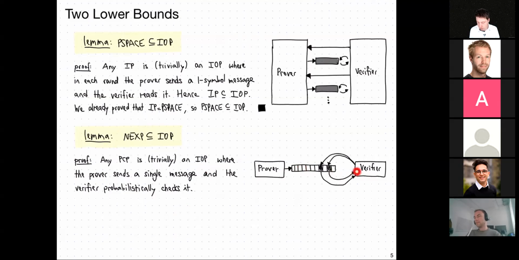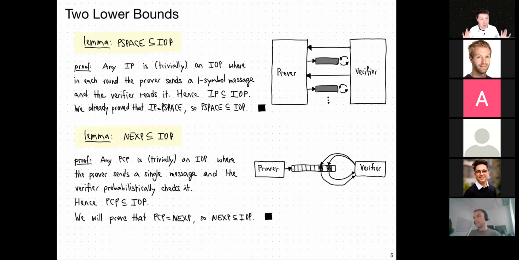While in an IOP they could interact further, in a PCP that's all they do. The prover sends a message and that's it. So PCP is contained in IOP. We may wonder, what's up with NEXP? Well, we haven't proved it yet, but Tom tomorrow will prove for you that PCP equals NEXP. Today you proved some simpler construction.